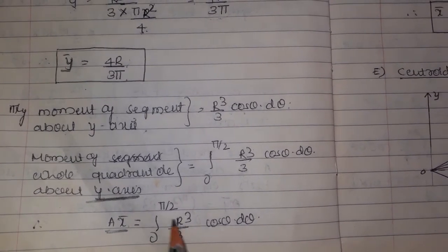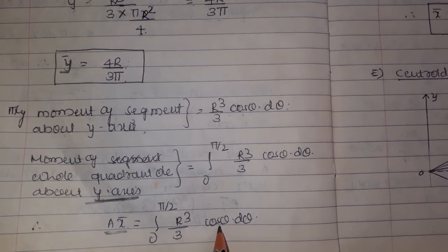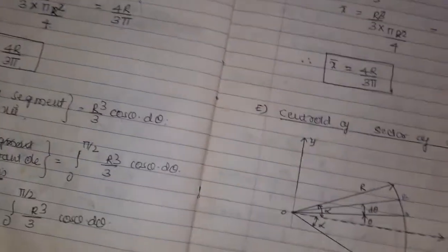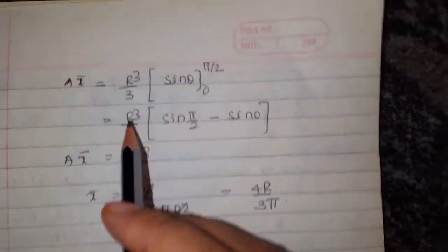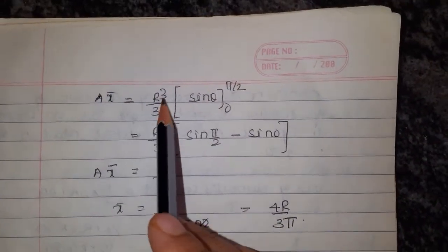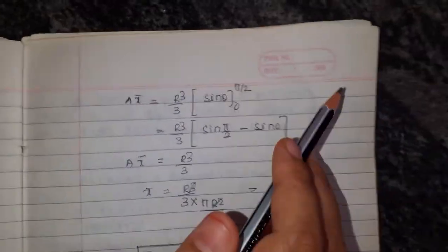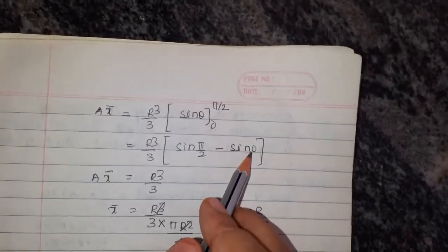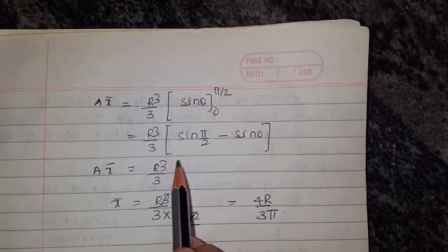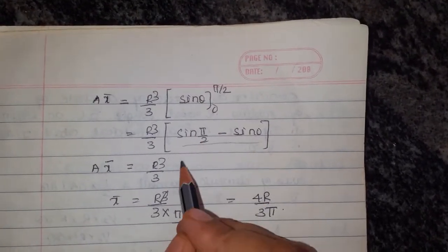Take r cube by 3 outside. The integral of cos theta is sin theta. So A into x bar is equal to r cube by 3 sin theta from 0 to pi by 2. Apply the limits: sin pi by 2 minus sin 0, so you will get this value as 1.